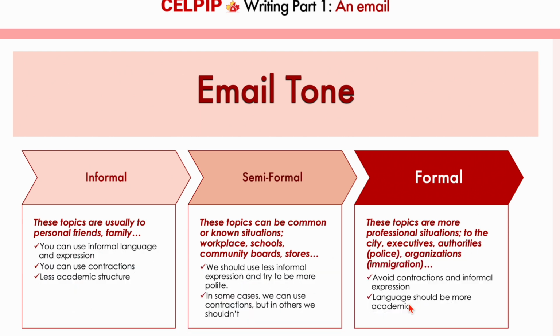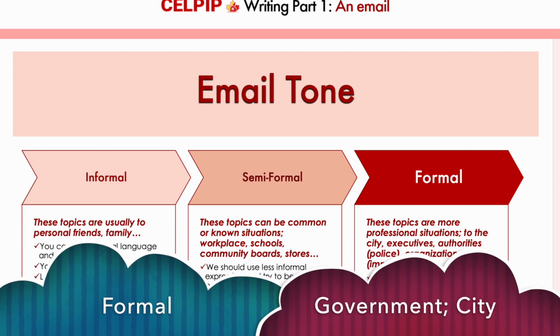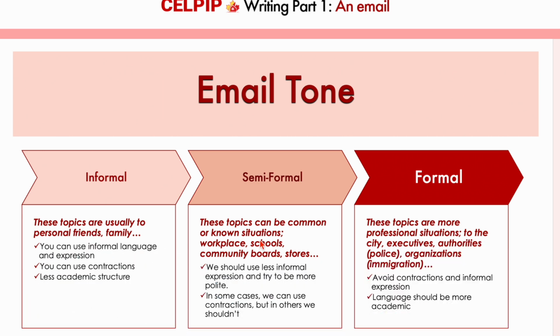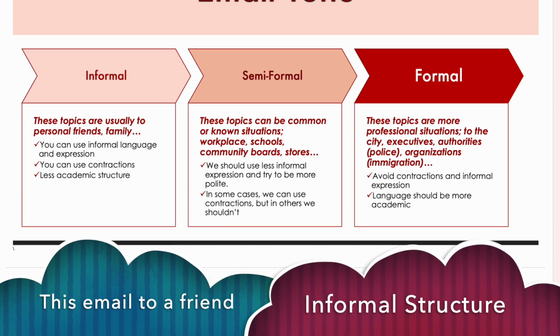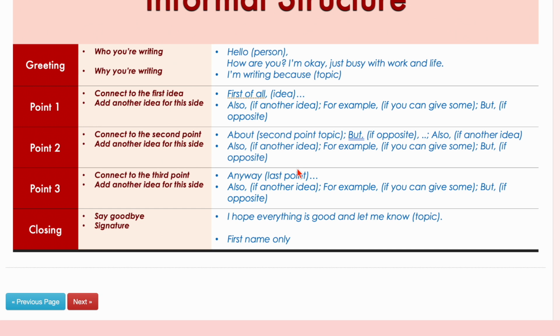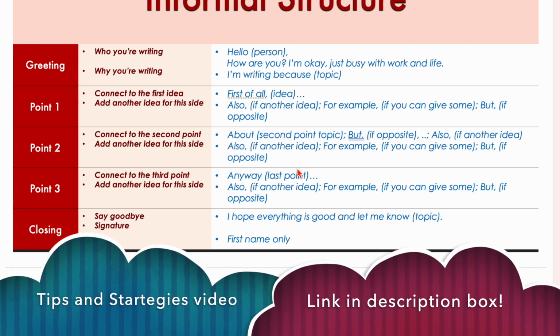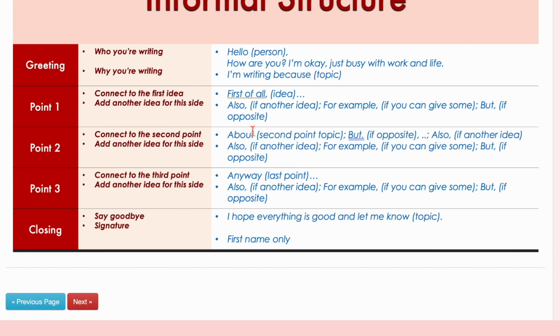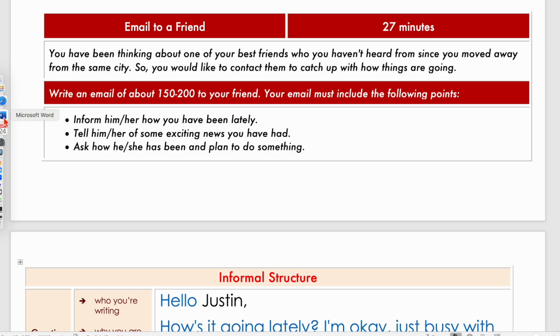And formal is more to the government, to very high positions, okay? So we are going to be following the informal structure that's in our guide. And if you want to look more clearly at the tips and strategies for this question, then there's a link in the description box to the tips and strategies video, okay? I will be following this guide while we write.